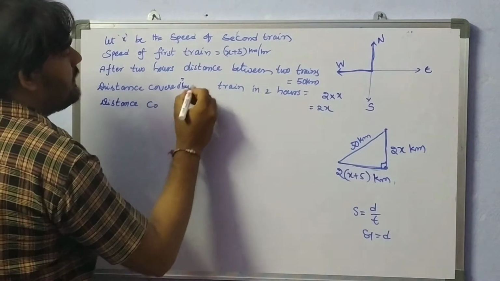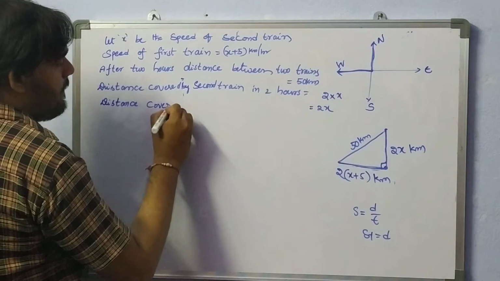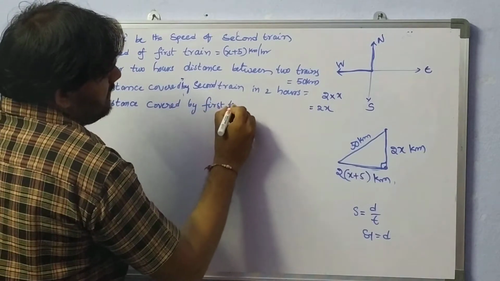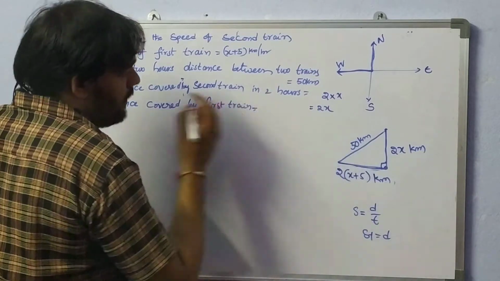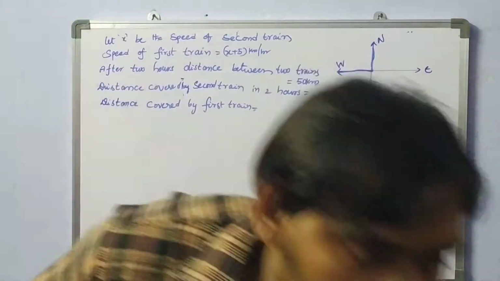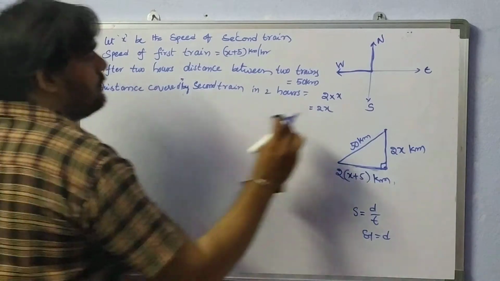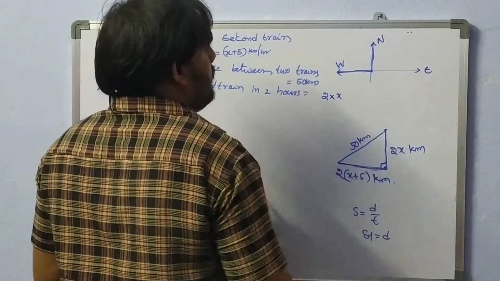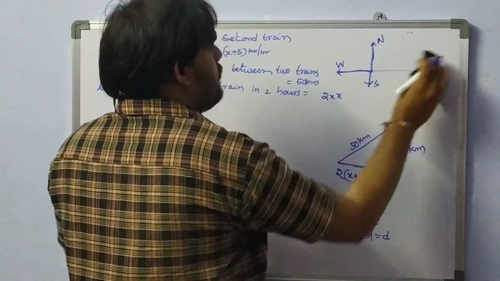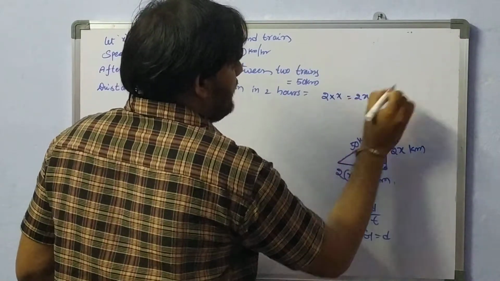The distance covered by the second train is 2 into x, which is equal to 2x.